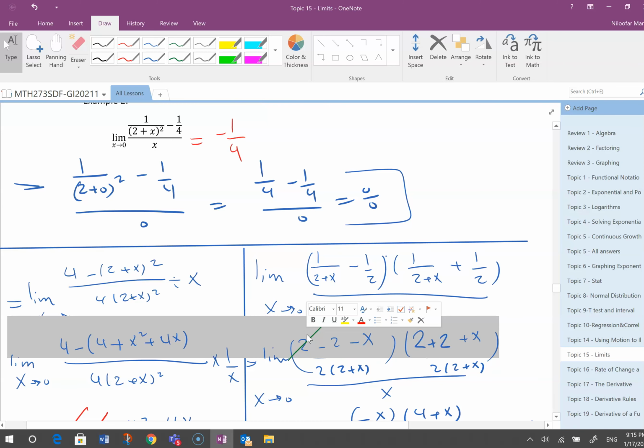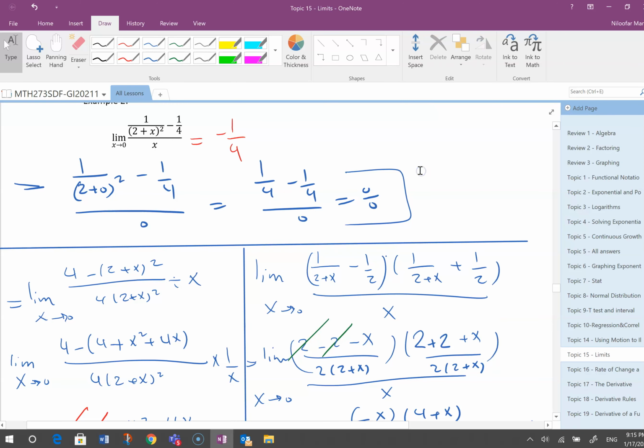In the left one I use all of them, but in a different order. I want to show you that you can use a different method to solve it, but maybe you would say the left one is easier.